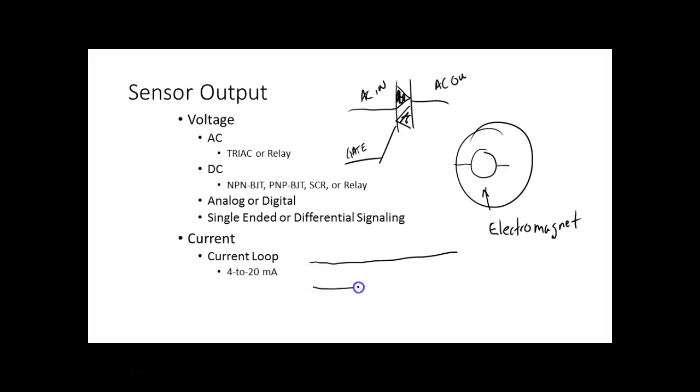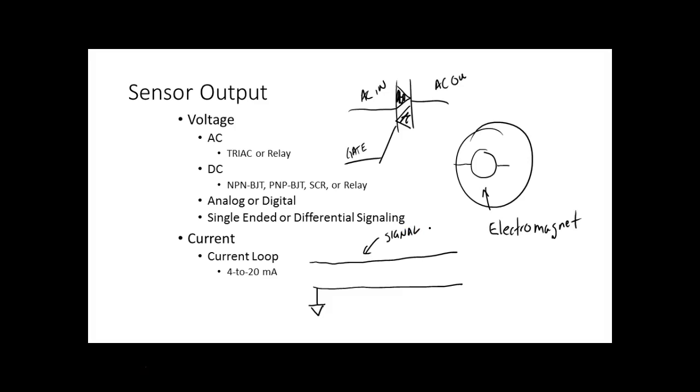So we've got to have at least two, right? That makes sense? Well, what they did for years, and they still do this because it's so cheap, is we would take one and reference it to circuit common, and we'd call that the common. And then the other one, we would call the signal wire, because that's the one we would actually measure at, right? Understand?